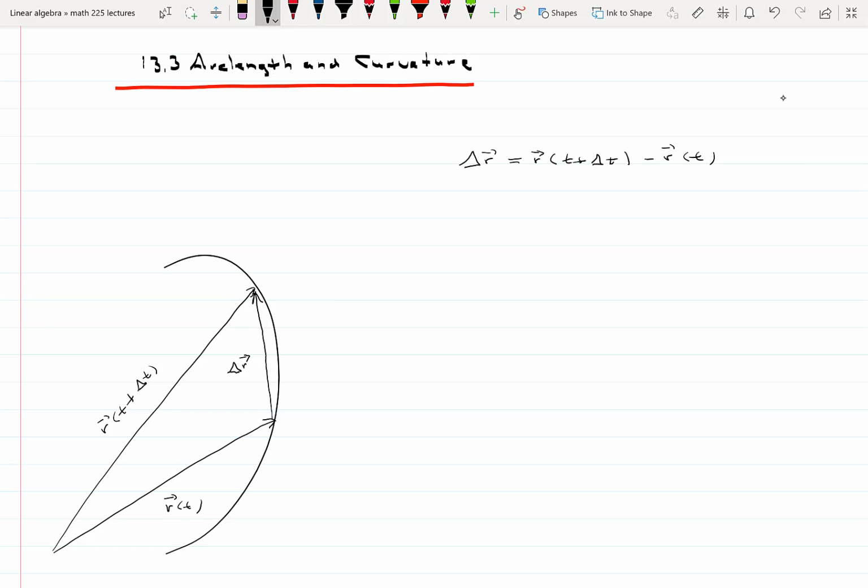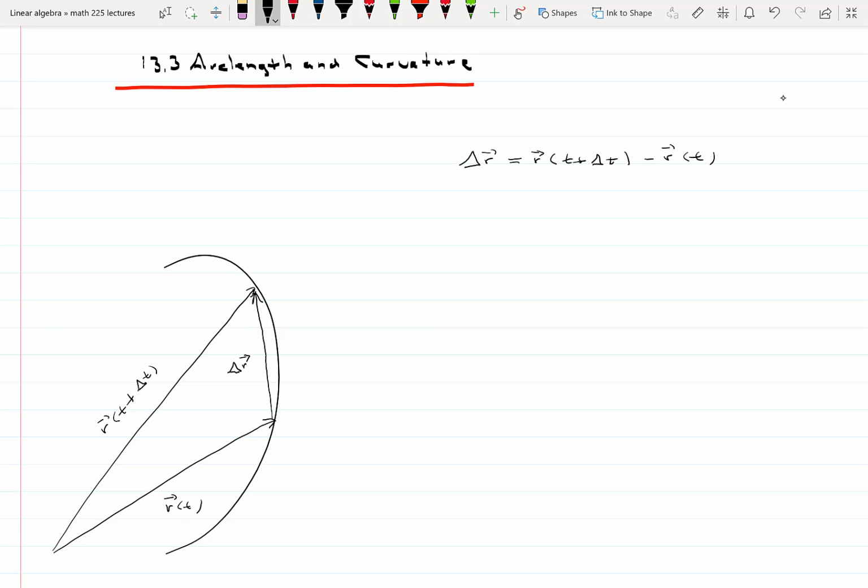Now the idea in the last section was to let delta t approach 0 so that we could identify what we call the tangent vector to the curve at the tip of r of t. The problem was that as h or delta t approaches 0, delta r approaches 0, leaving us with a vector of no length.